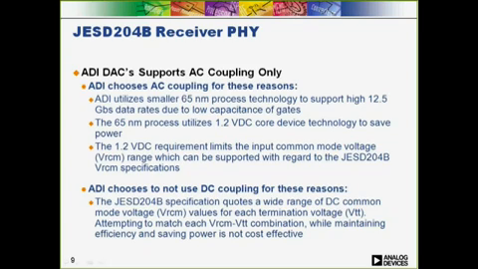In addition, to date, all of the FPGA vendors require AC coupling and will continue to support AC coupling in the future. So we felt it was a low-risk decision to just support AC coupling. Of course, in the future, we can consider adding DC coupling support if there's demand for it.